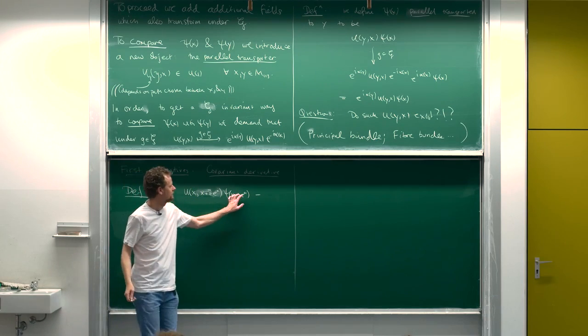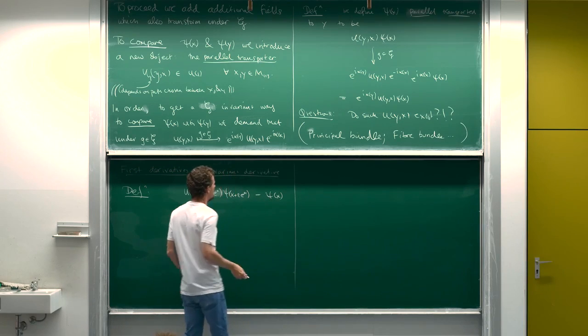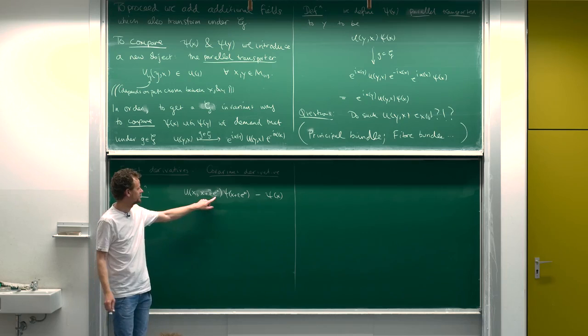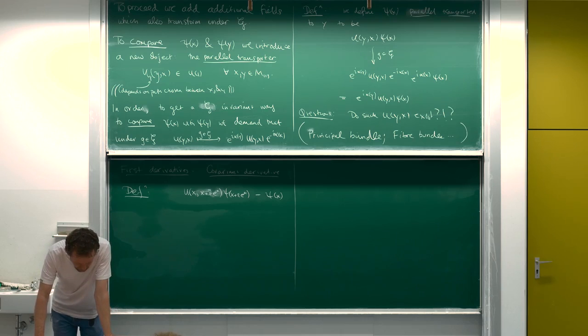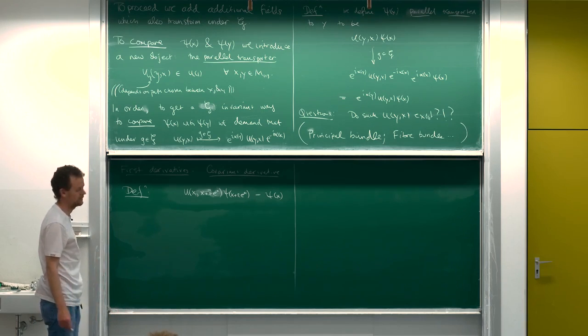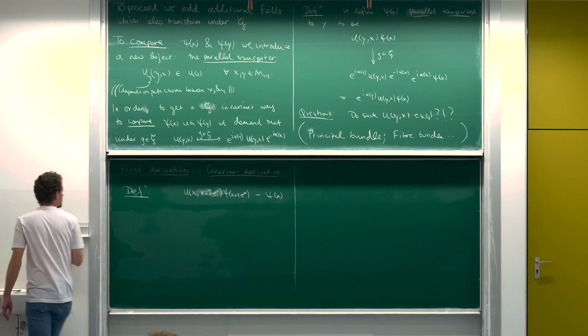But that field transforms independently of psi of x. But this object, u(x plus epsilon e_mu, x) psi of x, transforms in just the right way. Now let me just check I did it in the correct order. Wouldn't you know it? I did it the opposite way around, so I will rewrite this.